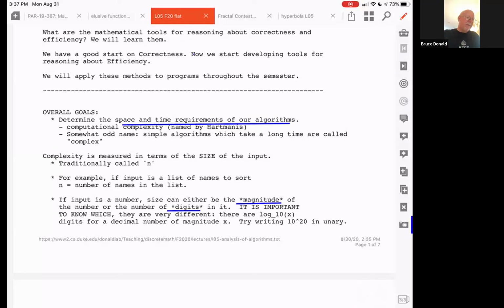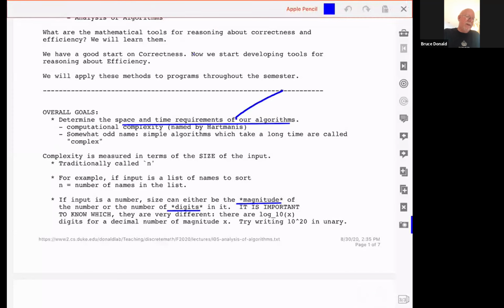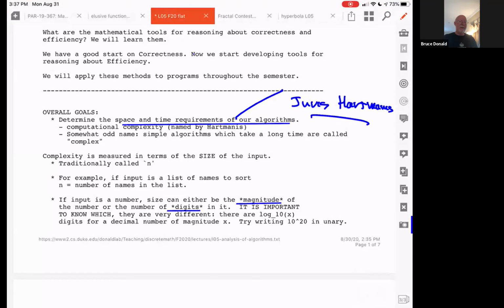So the term computational complexity, this was named by Juris Hartmanis. The great Lithuanian computer scientist, he was my chair when I left MIT to become an assistant professor at Cornell, immediately won the Turing Award, followed by John Hopcroft.